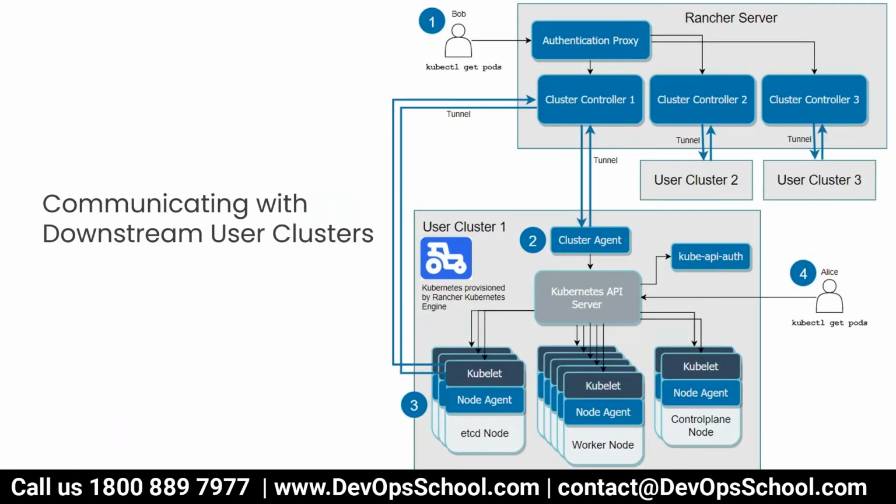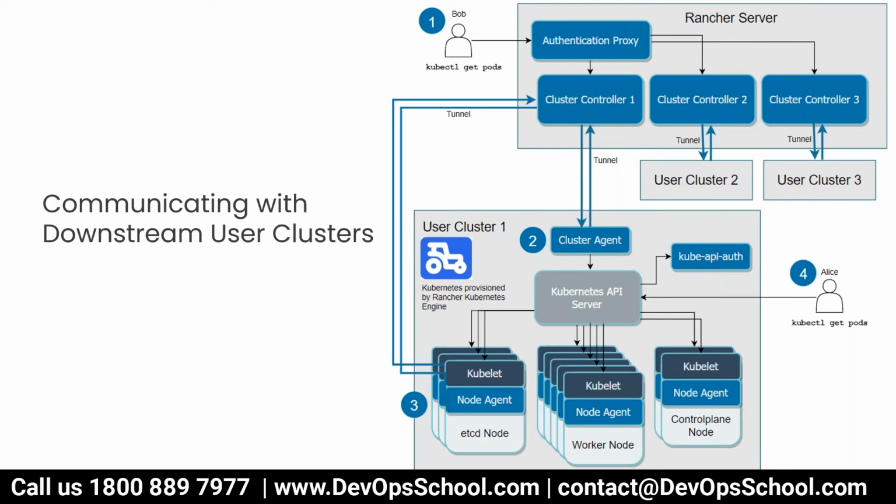In a simple way, in the whole architecture, the server talks to the downstream user clusters first using the proxy, and then each downstream cluster has one controller. The controller sends the request to the cluster agent. The cluster agent talks to the API, and through the node agent, which is nothing but a pod running as a daemon set, they communicate.